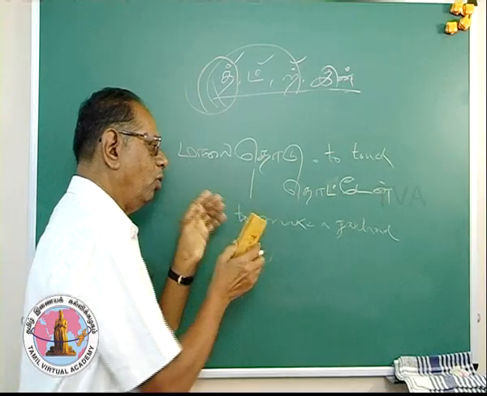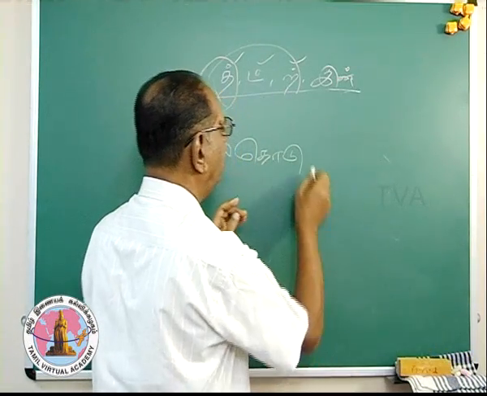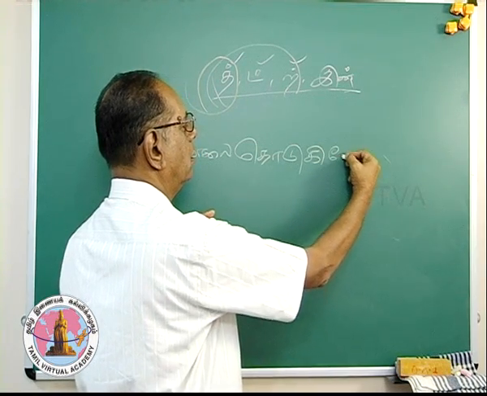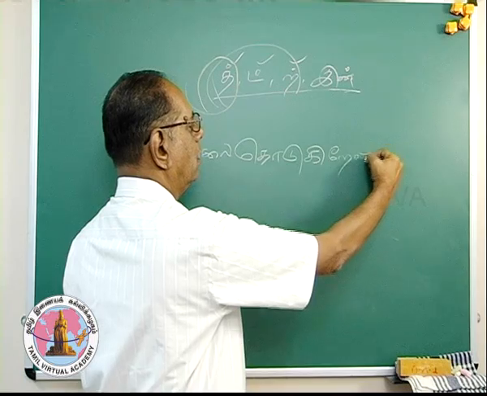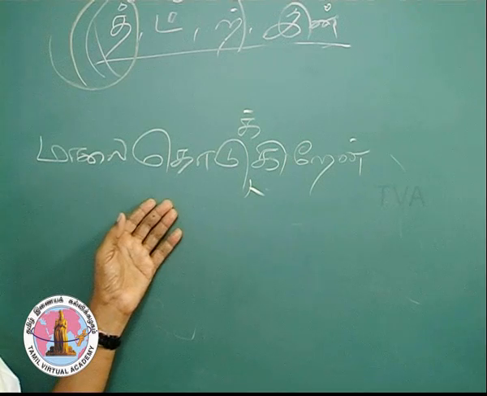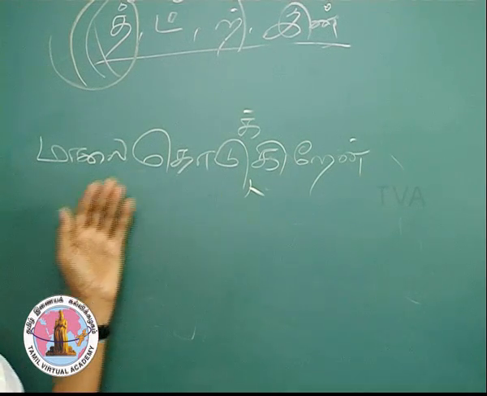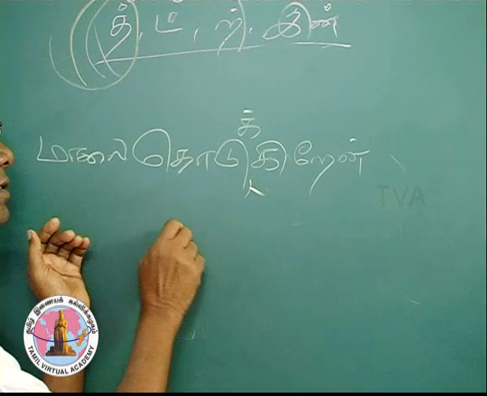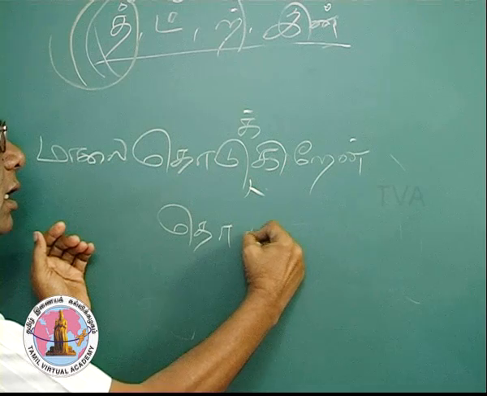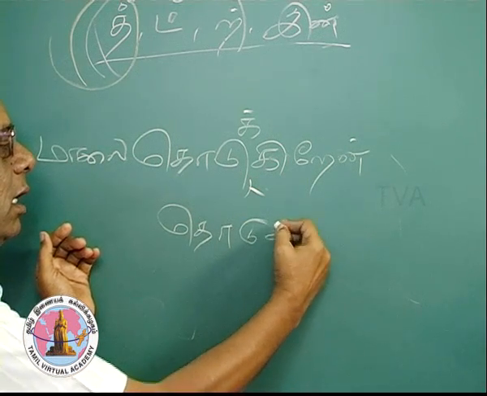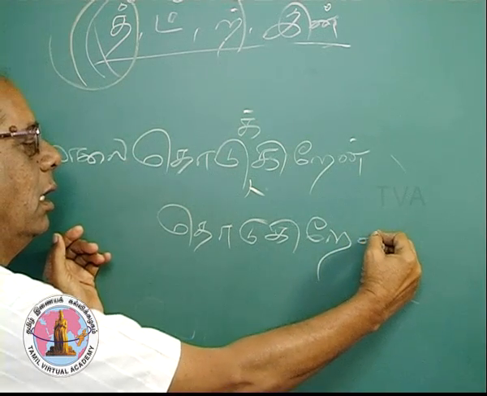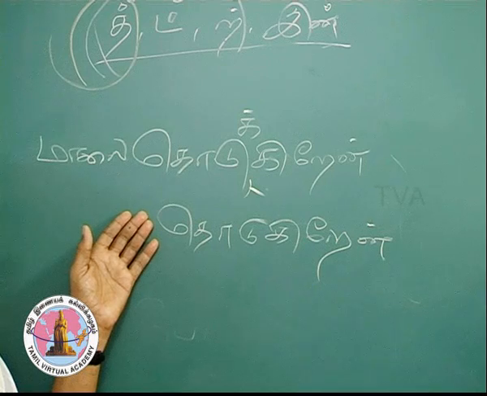If that is so, what will happen? Todukkirain, I make a garland. Otherwise, when I say I touch, it will be Todugirain.